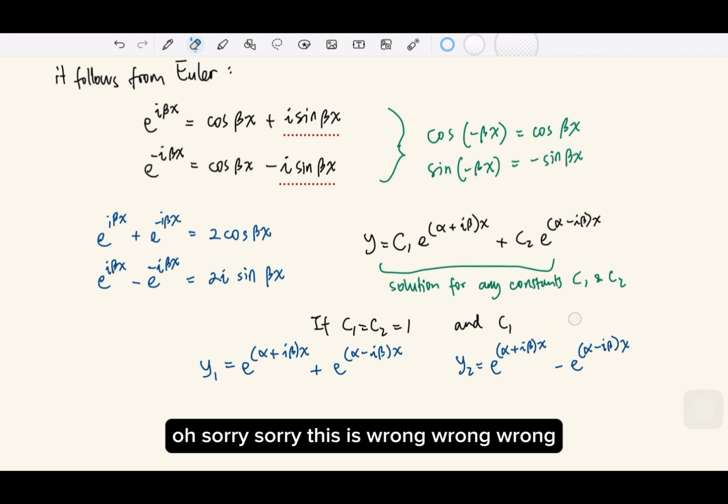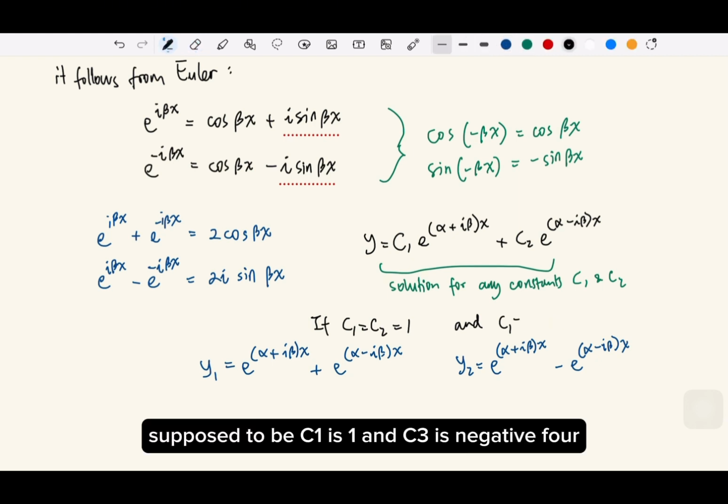Sorry, this is wrong for the second one. It's supposed to be C1 is 1 and C2 is negative 1.